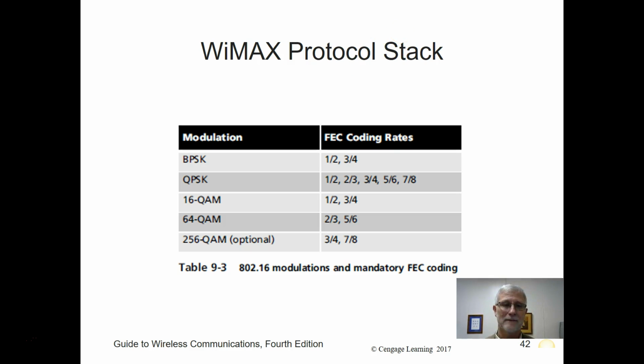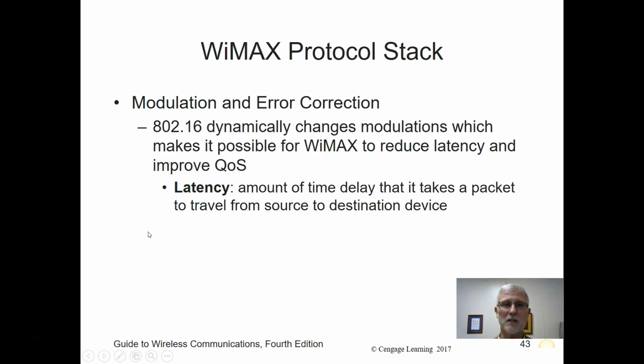So it can use different coding rates and modulation rates. You've got a whole lot of options as far as how you want to code it, which, as we've seen earlier, changes how much data I'm going to get on a particular set of bits.